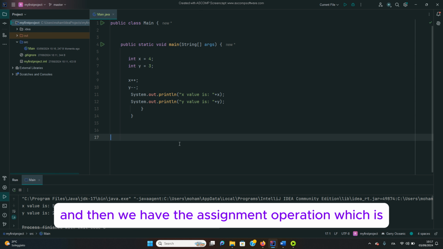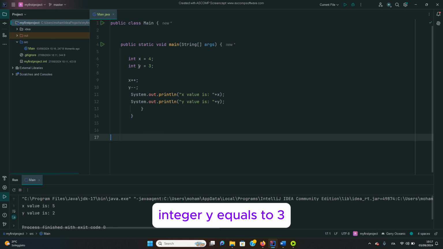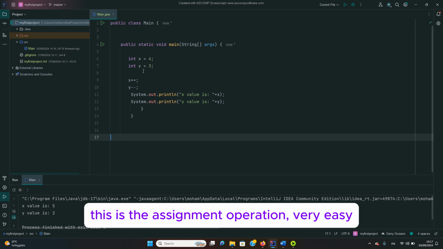Then we have the assignment operation, which we already have done. As you can see, integer y is equal to 3. This is the assignment operation.